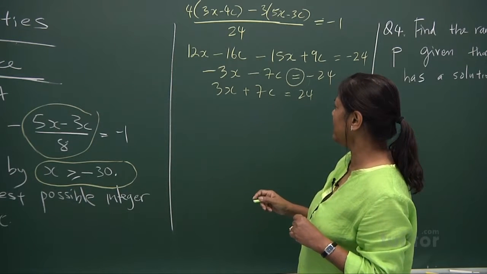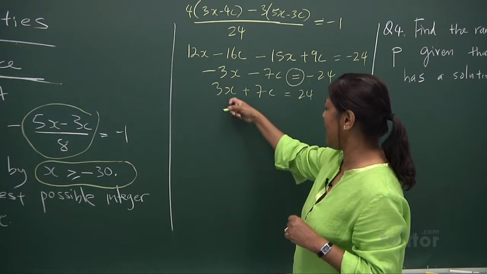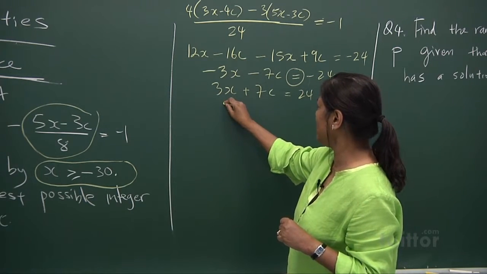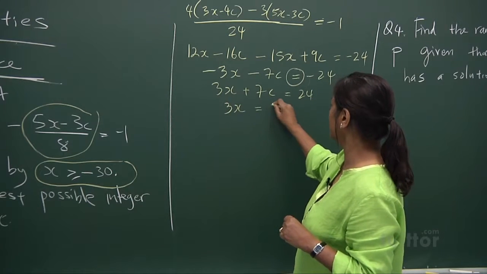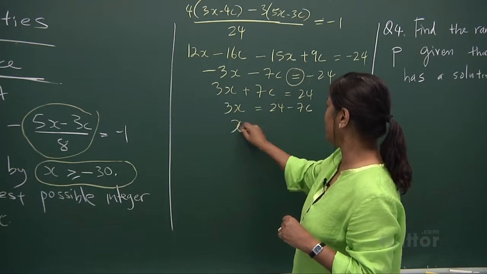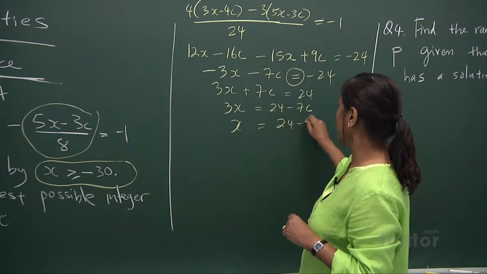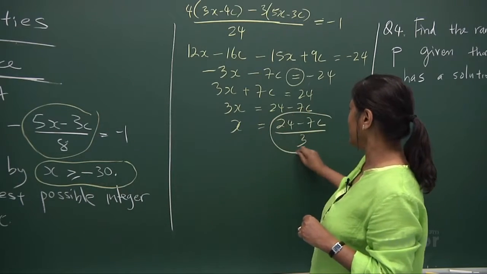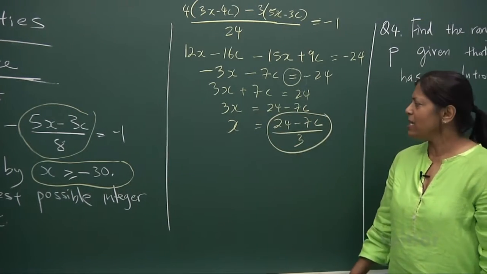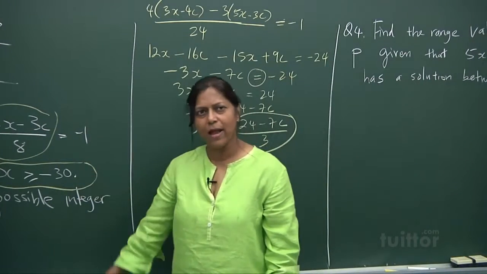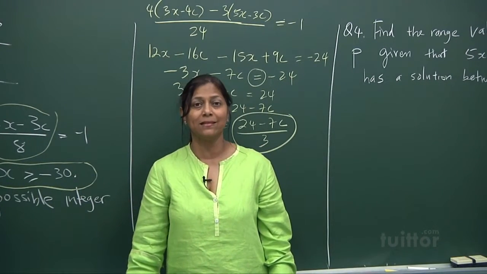And if you look at it again, look at 3x. What is x going to be? 3x is 24 minus 7c, and your x is going to be (24 minus 7c) over 3. Now that's your x, and your x is satisfied by the condition that x is greater than or equal to minus 30.